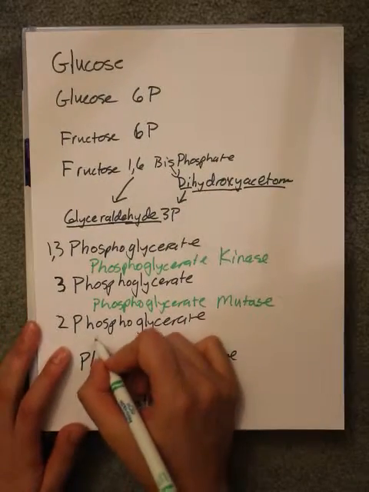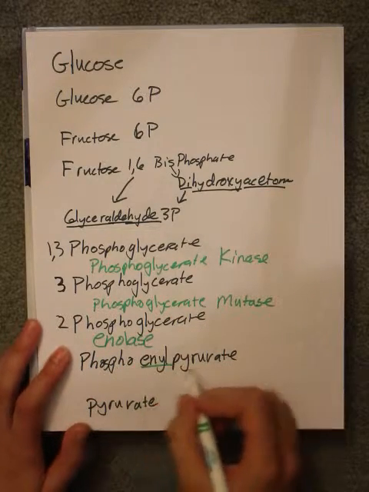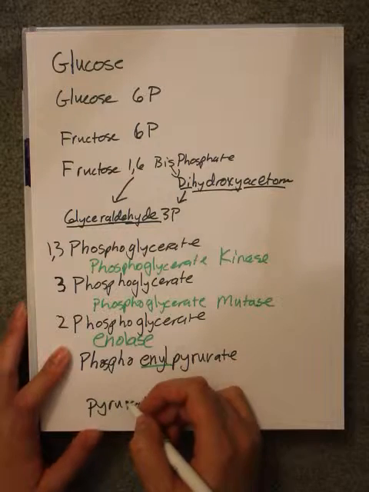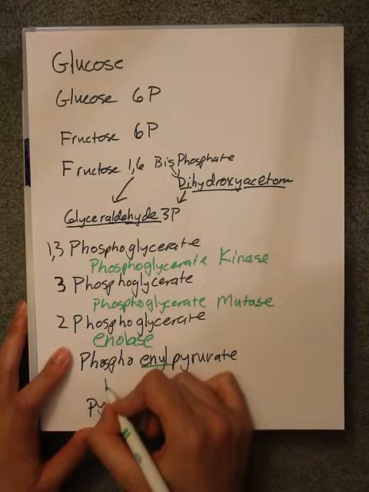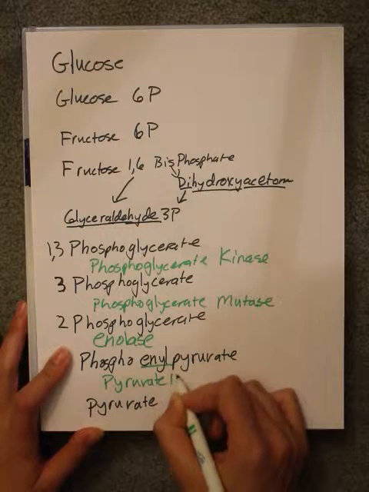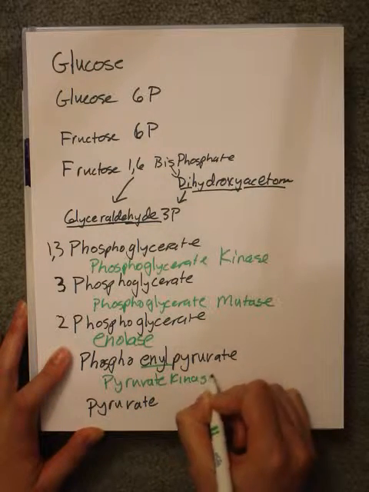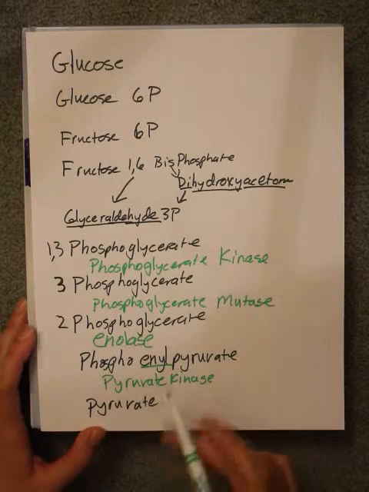So enolase, from the phosphoenol pyruvate. And then you want pyruvate kinase. So you want pyruvate kinase to change phosphoenol pyruvate to pyruvate.